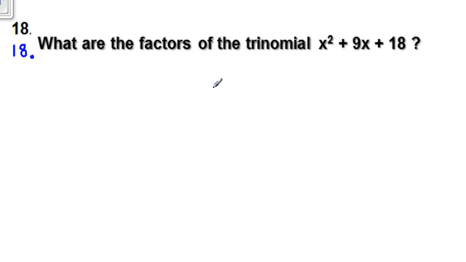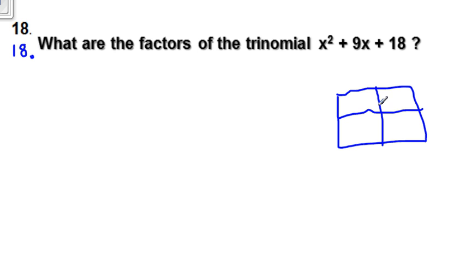What are the factors of the trinomial x squared plus 9x plus 18? Again, you're looking for factors, numbers which multiplied together equal 18, but added together equal 9. If we factor using the box method, we set up a box and put our x squared term in the upper left.